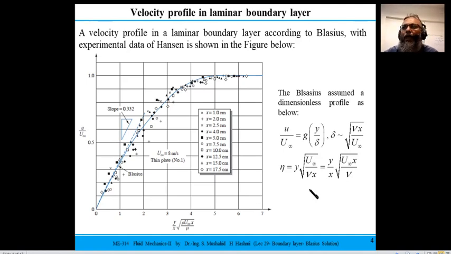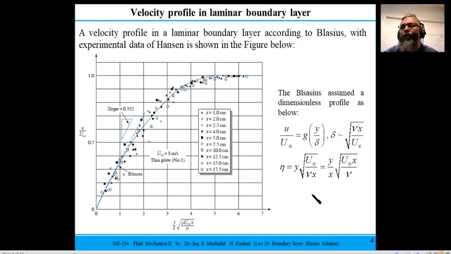Blasius has put that dimensionless velocity, which is u over u infinity, as some function of y over delta, and delta we call the boundary layer thickness. From our order analysis we have already seen that the boundary layer thickness delta would be some function of x.